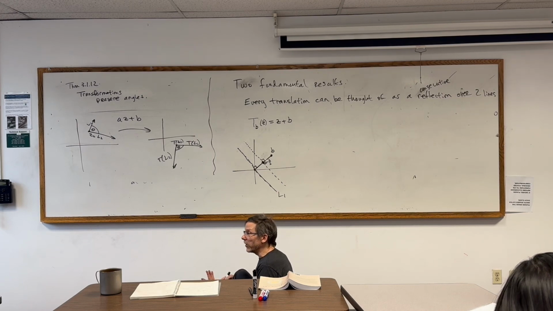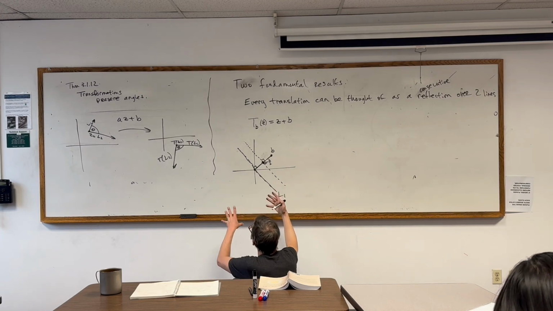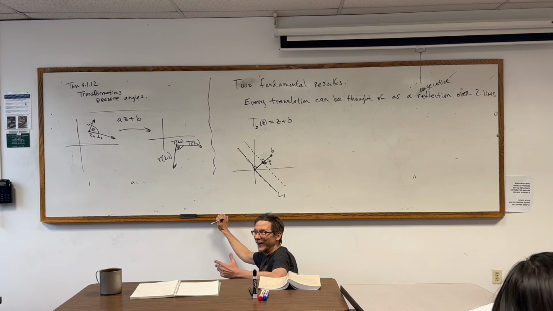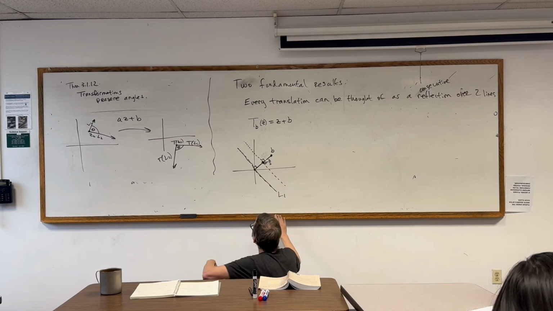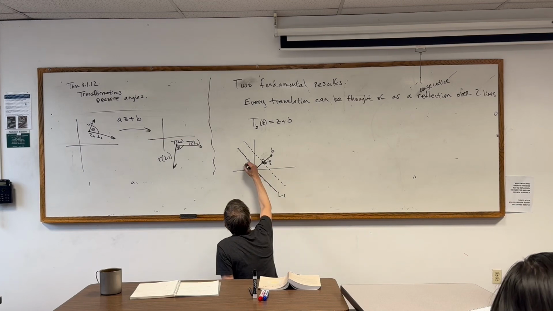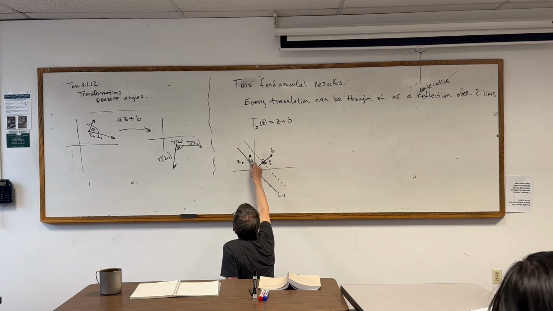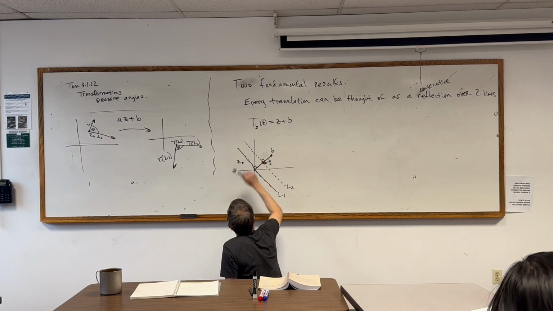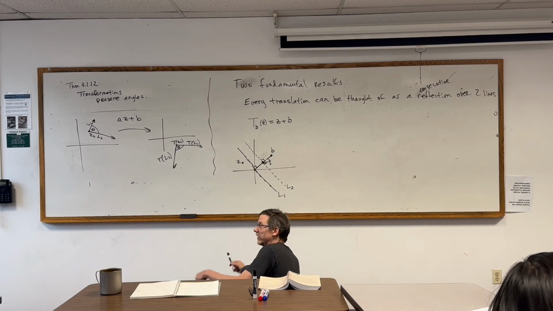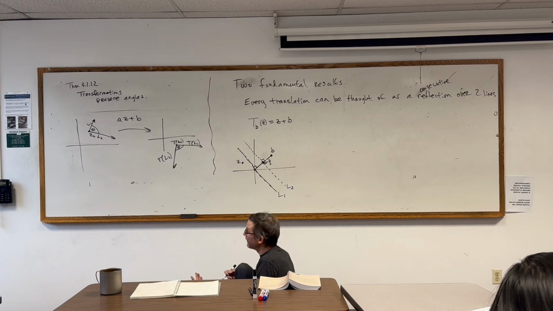So here's how it works. Once you know these lines, that's the hardest part. This would be the hard thing to come up with if you had never seen this before. The plan is this. We take Z over here, we flip it over line 1, then we flip it over line 2, and that gets us our translation. Now I'm going to prove that to you.